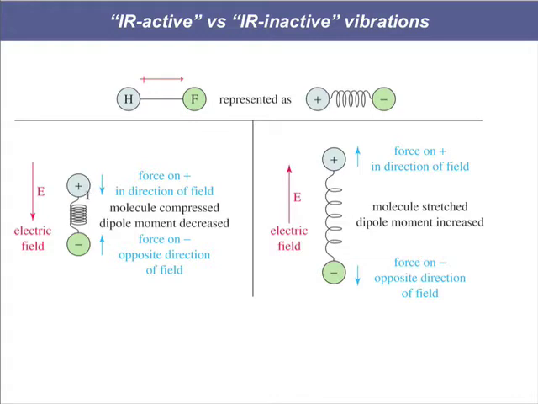Their charges basically become zero as they overlap with each other. But as we stretch that bond, the positive charge and the negative charge get farther away, and now the negative charge is not as covered up by the positive charge, and vice versa. So we've got more charge when it's extended and less charge when it's compressed.